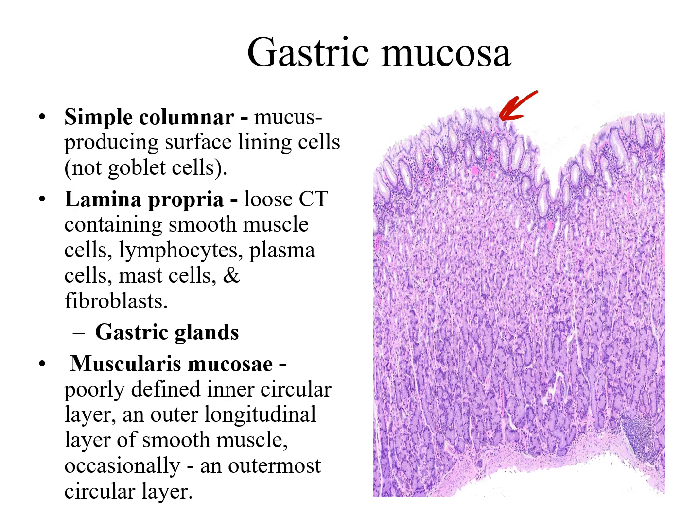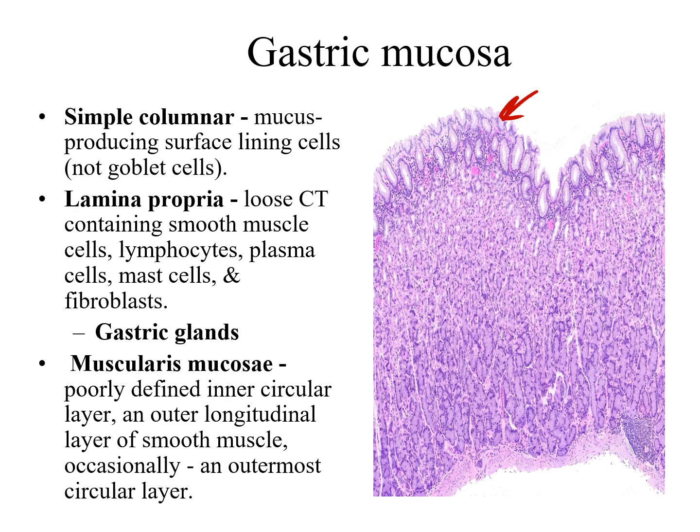Just beneath the epithelium, we have a layer of loose connective tissue. We call it the lamina propria, and again this layer contains the typical cells of connective tissue: lymphocytes, plasma cells, mast cells, and fibroblasts.